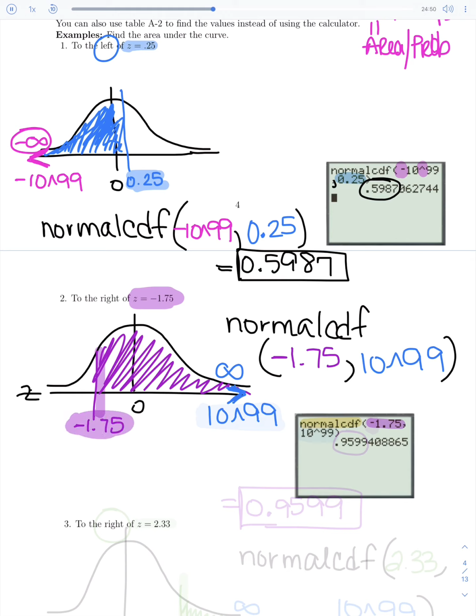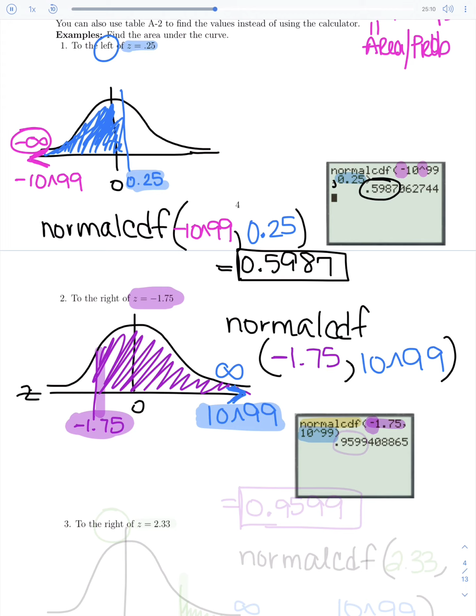We didn't have an official N value, so we used our 10 to the 99th, and you type it in just like that, 10 with an exponent of 99. Again, be careful, just like the last one, when you use your negative in front of the 1.75, that you use the negative key and not the minus sign, or you'll get an error.